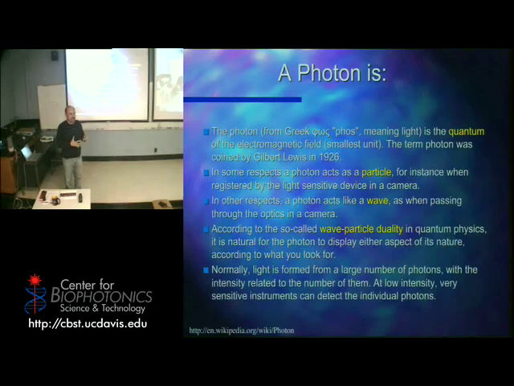Kind of everything centers around the photon. And why is that? Well, it's the smallest unit of the electromagnetic field. Right? It's the quantum. And the photon has a really interesting property in that it can behave both like a particle and like a wave.